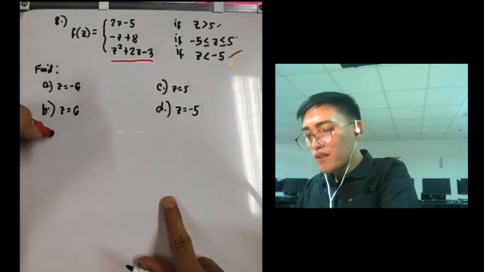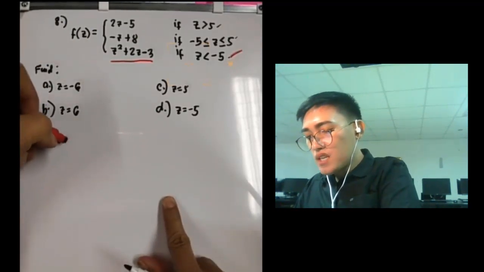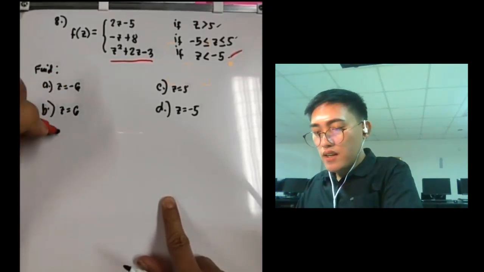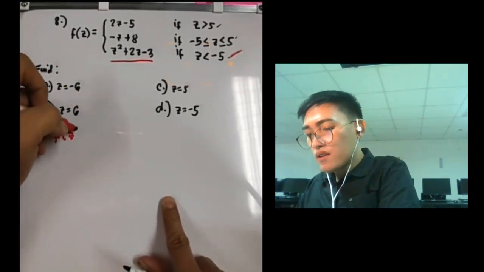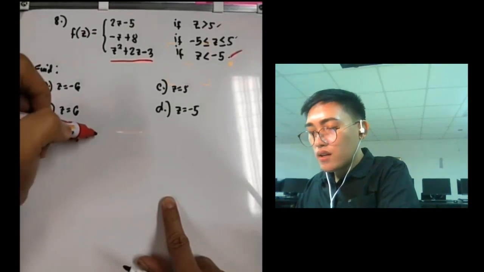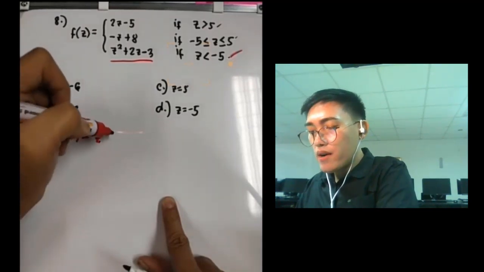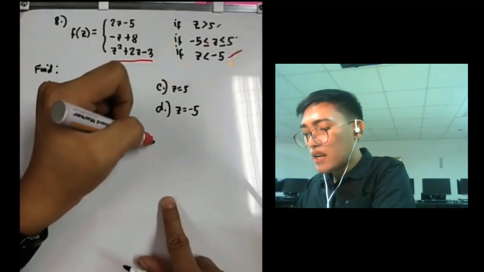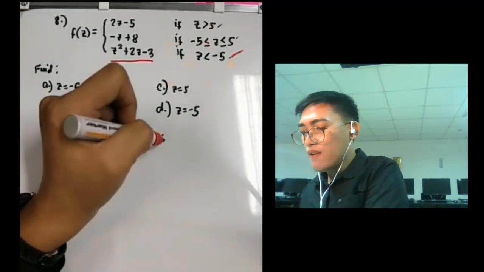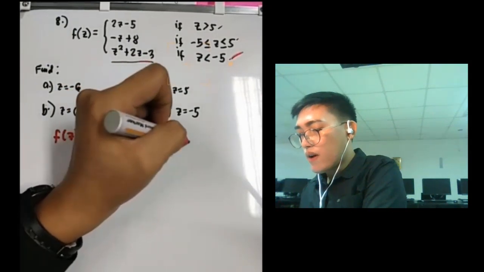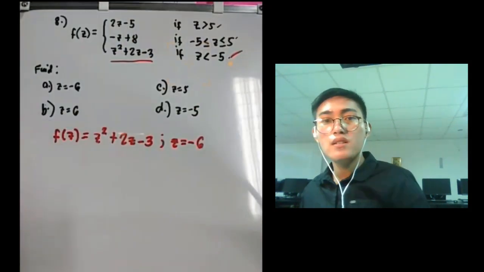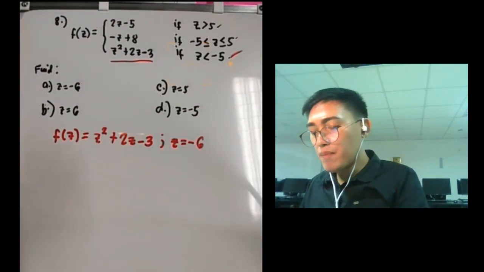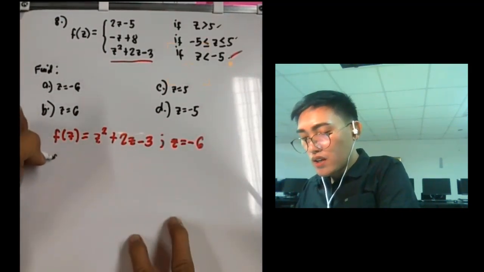So let us write f of z, that must be f of z. F of z equals z squared plus 2z plus 3 if z equals negative 6. Okay, let us solve now. First step is to substitute.